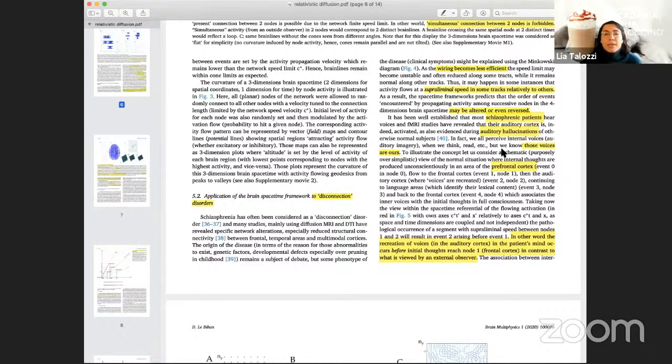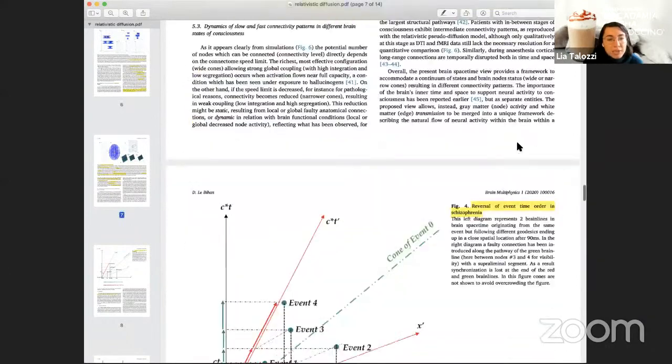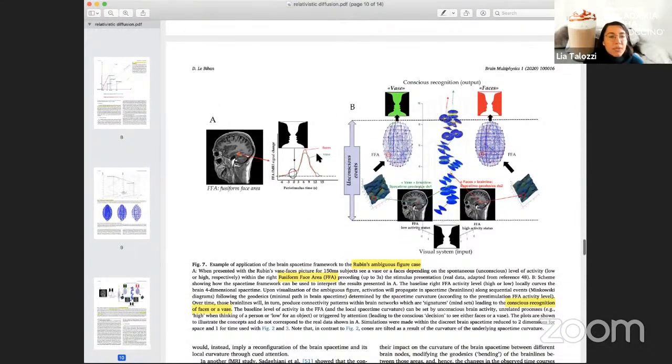So some of your internal thoughts that happen in the brain are recognized by the auditory cortex before, for example, the frontal brain regions. So it seems that these voices are from outside and not from your internal thoughts, and that maybe makes the trick of hallucination.